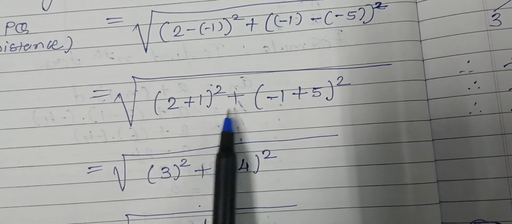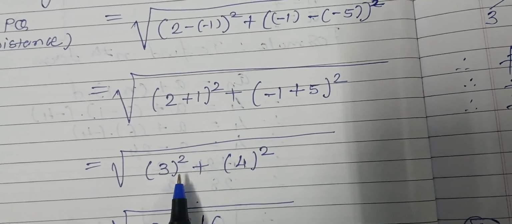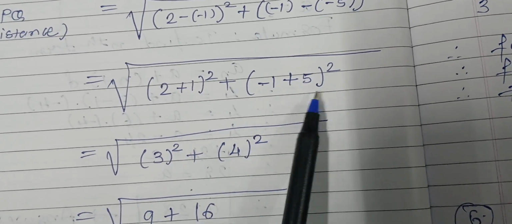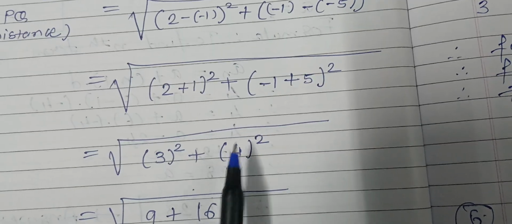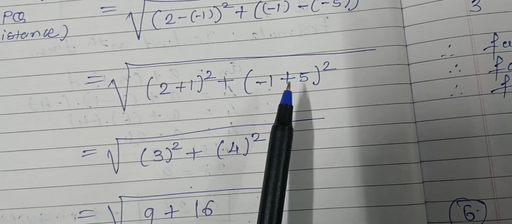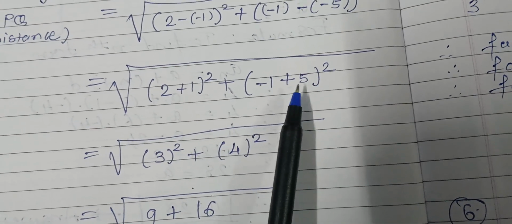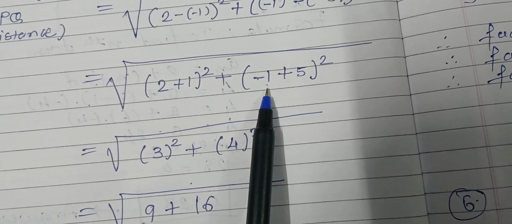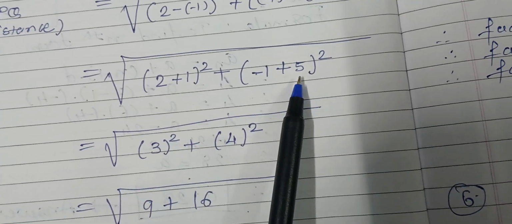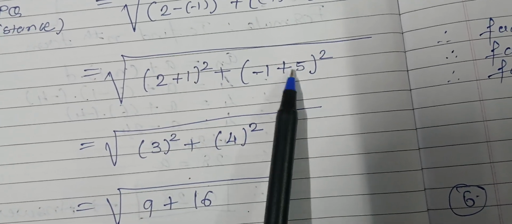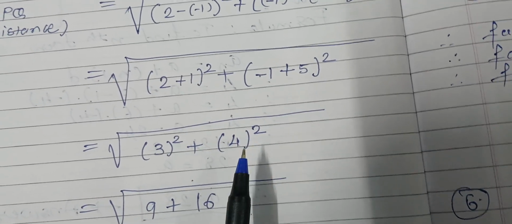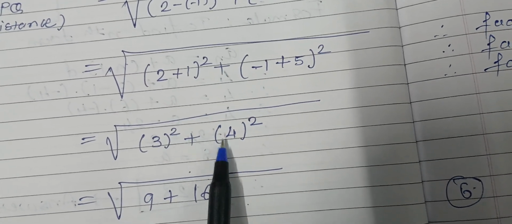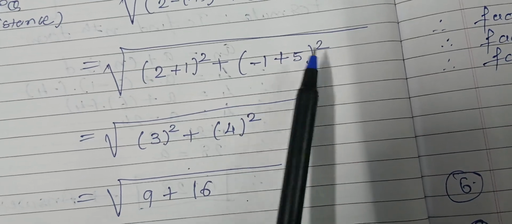Now 2 plus 1 is 3 and then its square, plus minus 1 plus 5. Whatever sign the bigger number has, we consider for the result. Minus 1 is a smaller number compared to 5, so we use the sign of 5, the plus sign, so it is 4, keeping the plus sign and square as it is.